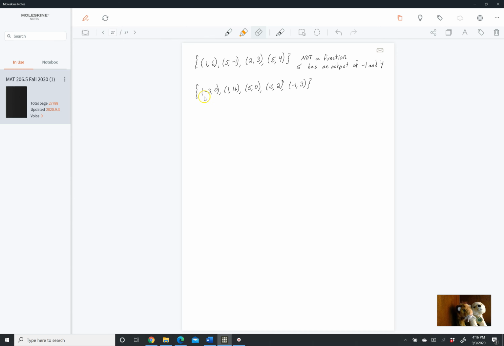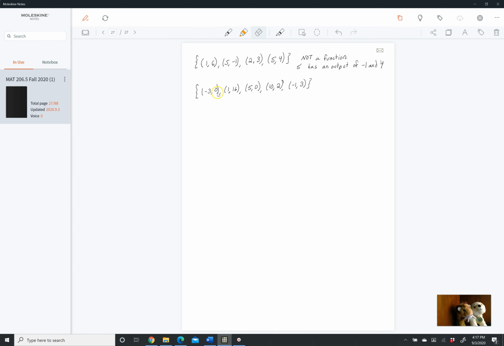Okay, and again, we're going to look for inputs that repeat. So I look at the -3 and I don't see any other -3s, which means that 0 is the only output for -3. The same thing is true of 1, 5, 10, and -1. I don't see more than one of those as an input.